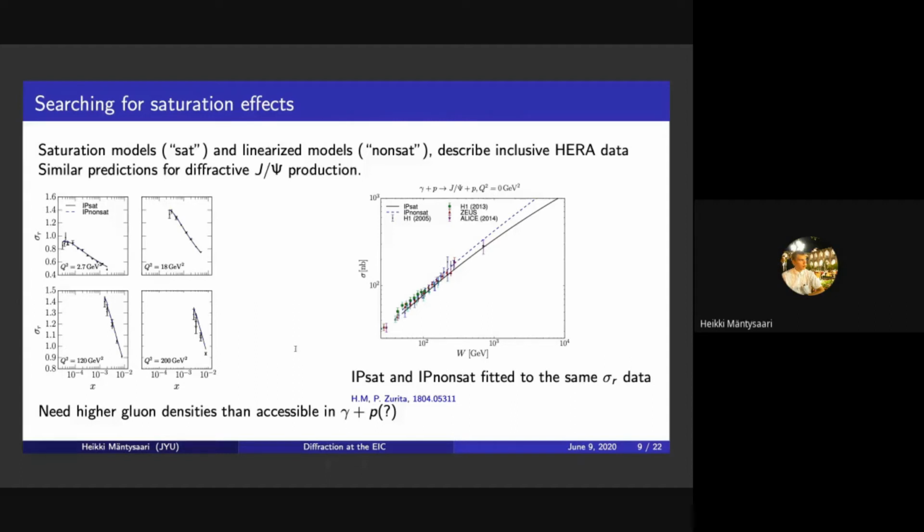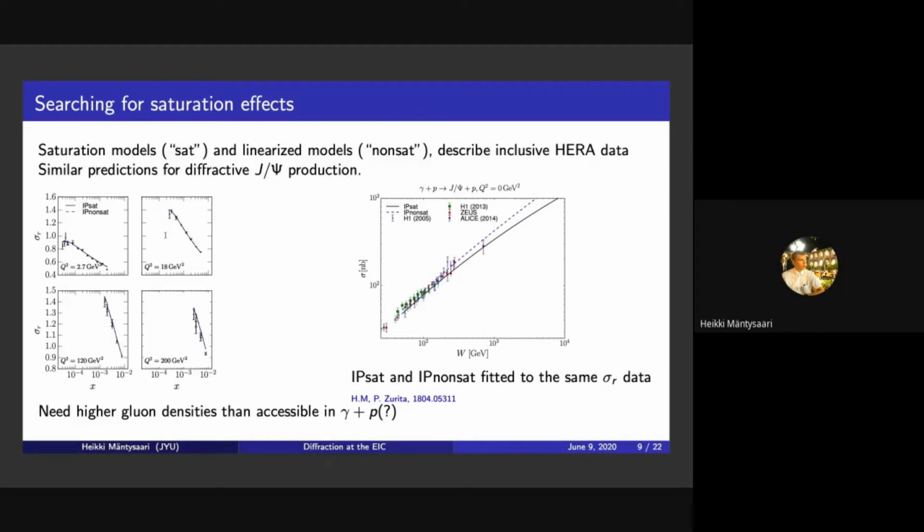Technically, we analyzed that about two years ago with PIA. What we did was to first look at models that include saturation effects, denoted by SAT here, and then the linearized version that doesn't have any nonlinear dynamics included. In both of these models, you can get an excellent description of the precise total cross-section measurements from HERA, shown here on the left. You can't even see the two overlapping curves here.